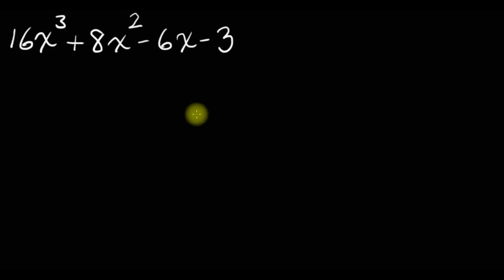All right. Okay, let's go over another one. So here we have a polynomial, 4 terms. As you can see, 1, 2, 3, 4. And in this lesson, we are going to use grouping to factor this polynomial. But first, we have to determine if we can use grouping by checking their coefficients.